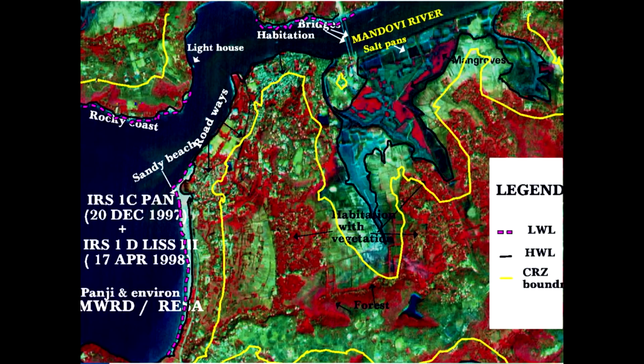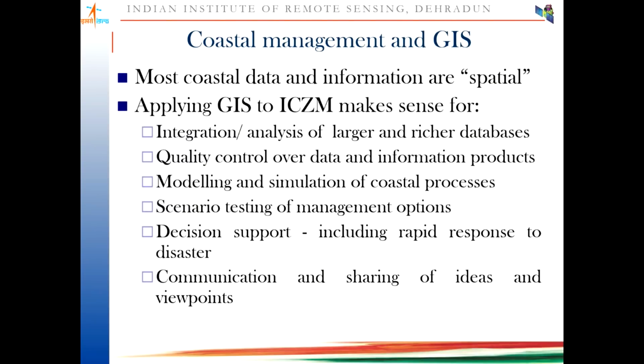We can always go for some construction activity, and some industry may come up, but the areas which are highly vulnerable, we should avoid. Basically, we can generate a setback line to understand which area is vulnerable and which areas are non-vulnerable. But the vulnerability concept was not there in the earlier, first CRZ concept. Now other committees have come up, and things have improved.